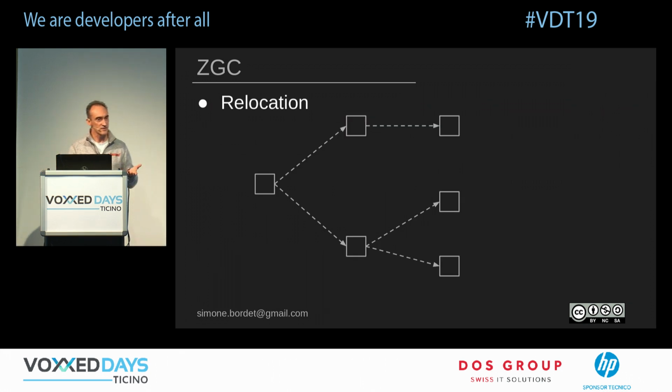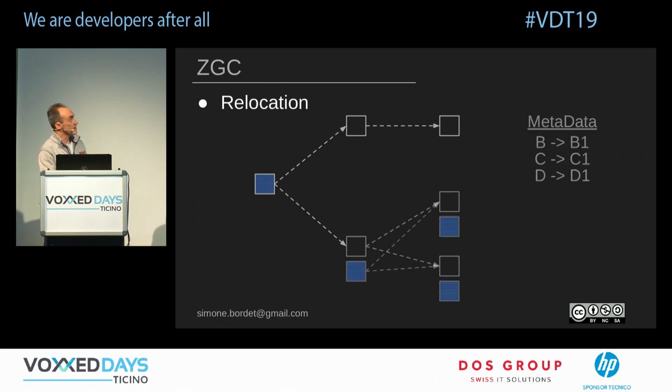So let's look at an example. In particular, the relocation is how ZGC solves the problem of: I am relocating an object, but an application is looking at this object, maybe writing a field to this object, etc. So the garbage collector starts, takes this one on the far left, which is a root, and then navigates the object graph.